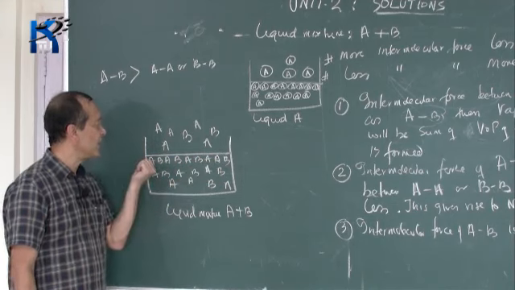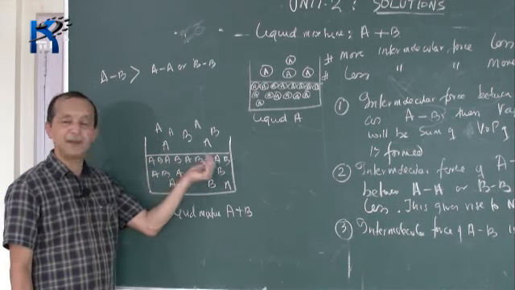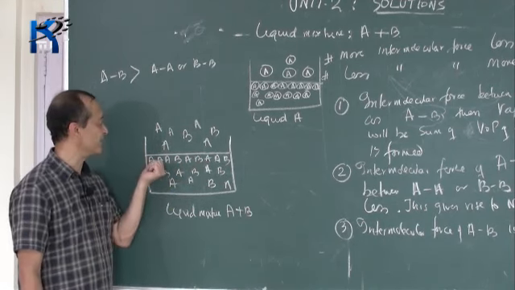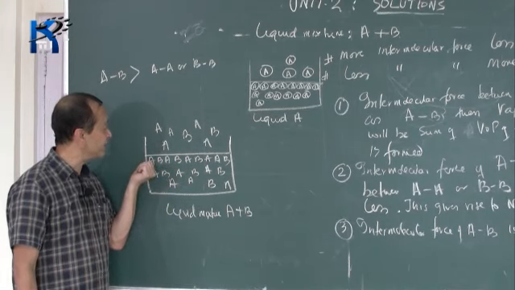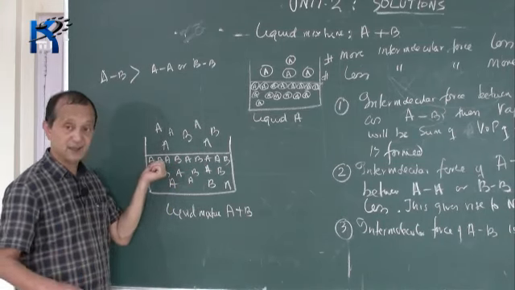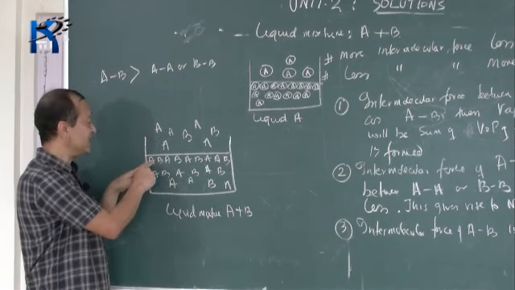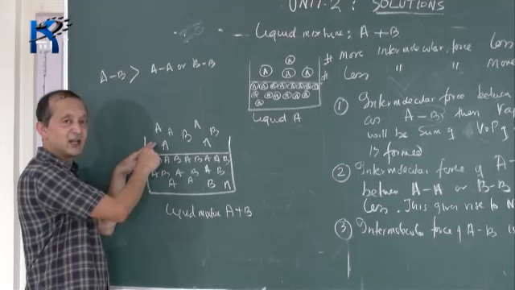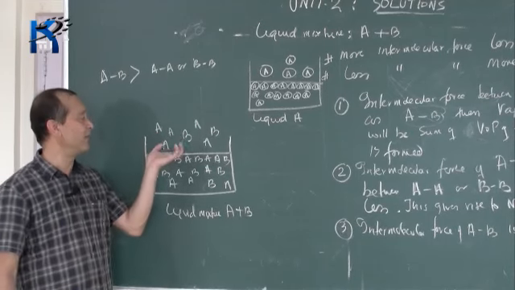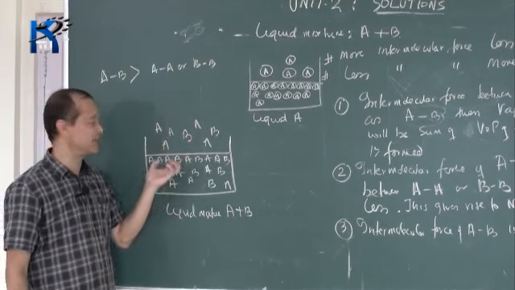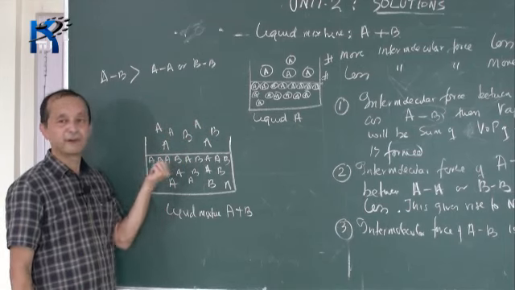On the surface, we have got A, B, A, B, A, B. So A is interacting with B. Now if the force of attraction between A and B is less, then naturally it will be easier for A to escape out. If it is easier for A to escape, it means more molecules of A will be there in the space. Therefore, the vapor pressure of A will be more.